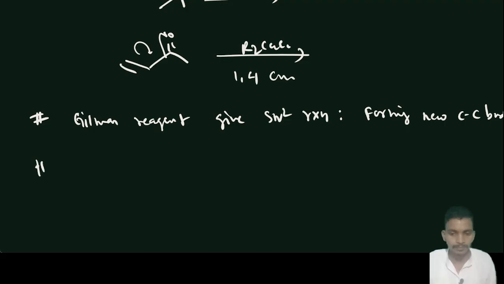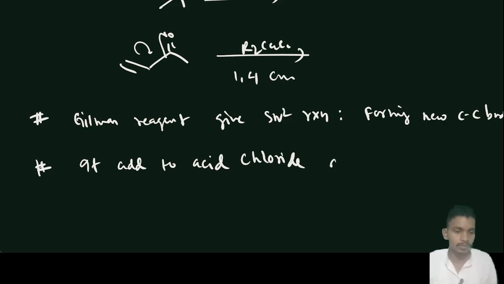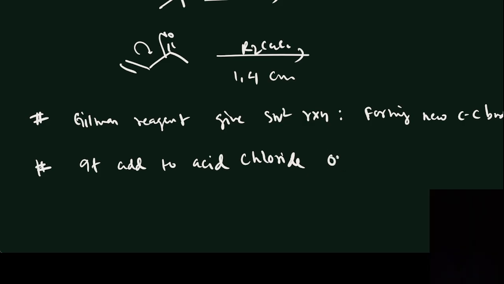And third, it adds to acid chloride once, whereas Grignard adds twice. So these are the basic things we have to remember for Gilman reagents. Now we'll do question answers to clarify more about the Gilman reagent and how it does the reactions.